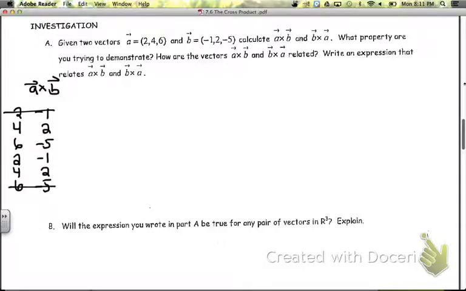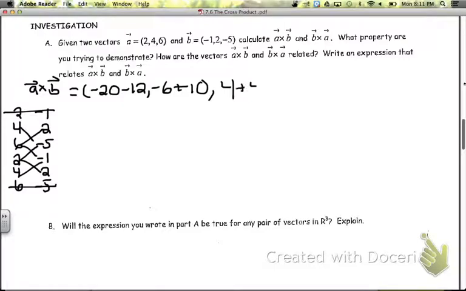Cross out the top, cross out the bottom, and we can get going here. 4 times negative 5, negative 20, minus 12, negative 6, minus negative 10, so that's actually plus 10. And then we have 4, and then minus negative 4, so plus 4, which is equal to negative 32, 4, and 8. So here we have our k value, which is equal to 1.